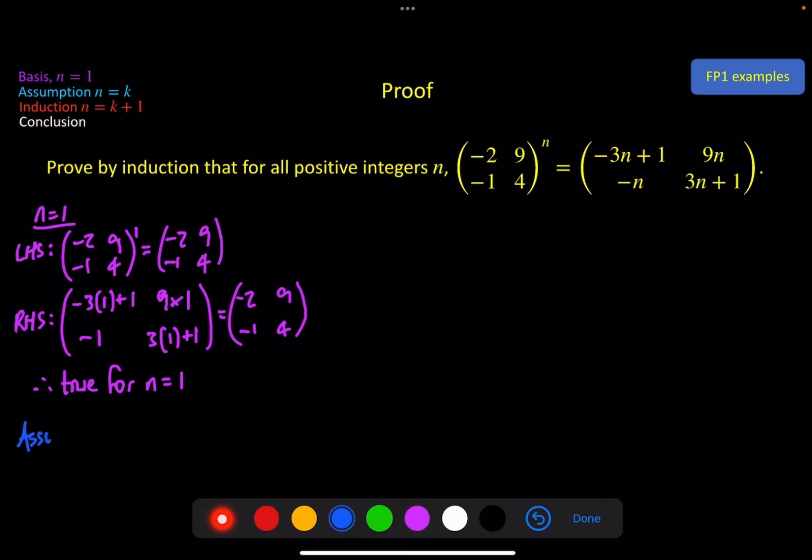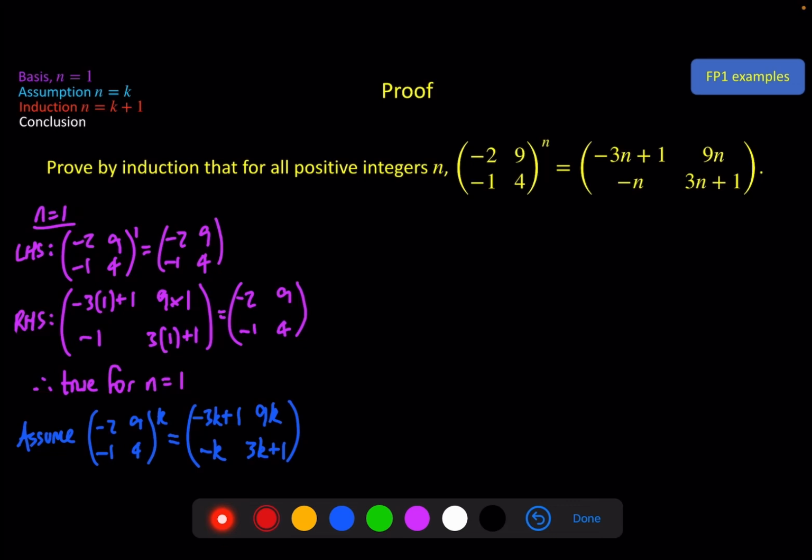Our assumption, we are assuming it's true for n is equal to k, minus 2, 9, minus 1, and 4 to the k. We're assuming is equal to minus 3k plus a 1, 9 times k, minus k, and 3k plus a 1 down here.